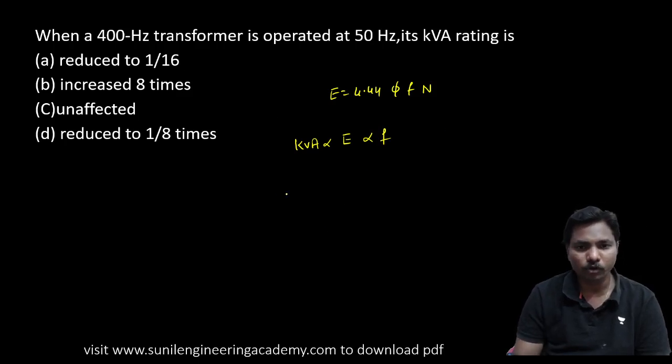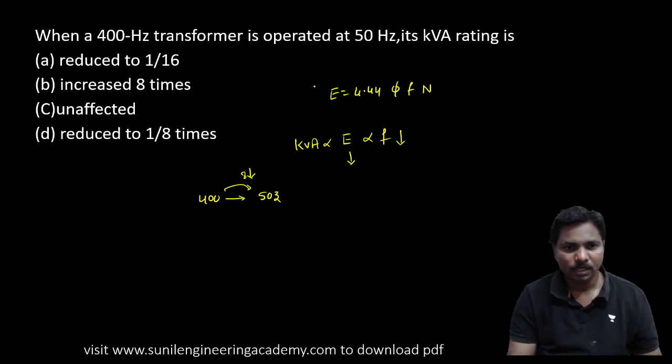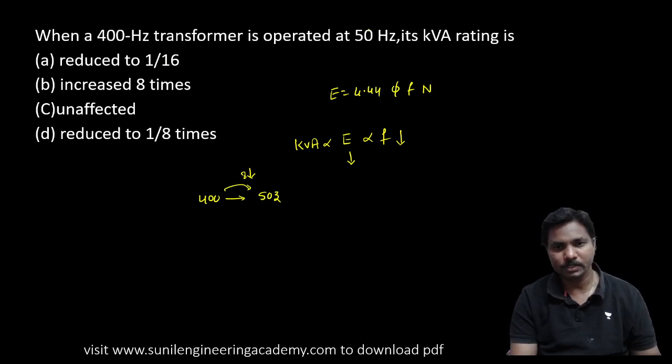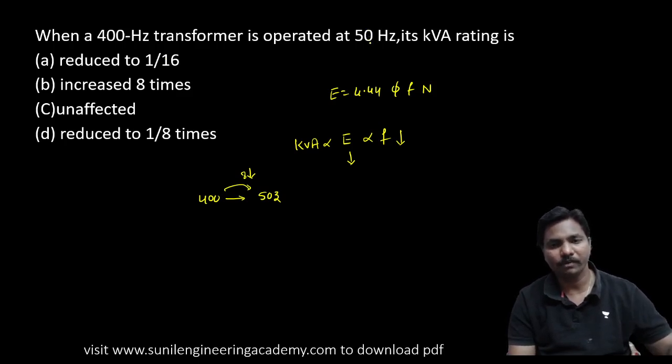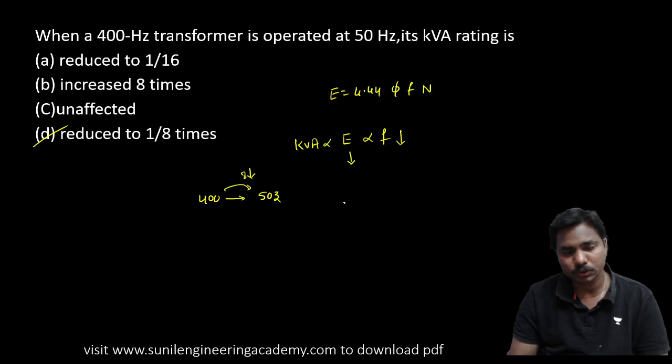If frequency goes from 400 to 50 Hz, it decreases by 8 times. So EMF is also reduced by 8 times. So when a 400 Hz transformer is operated at 50 Hz, its KVA rating also decreases by 1 by 8 times.